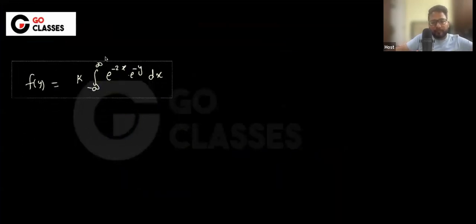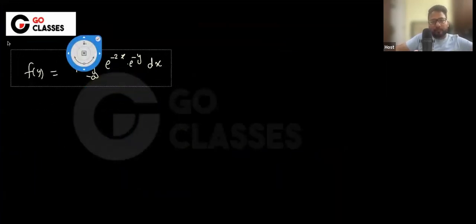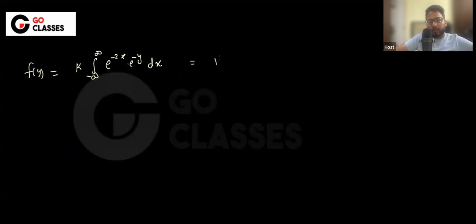So this number is coming out to be k into e power minus y, integration over 0 to infinity of e power minus 2x. Why is it 0 to infinity? Because x is given that it is greater than 0.